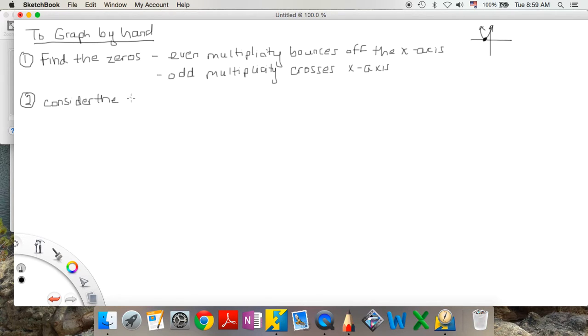Consider the tails based on the degree. And also you can look at the leading coefficient sign, because that'll tell you, for example, if it's even, if the leading coefficient is positive, then they're up. If it's negative, then they're down.